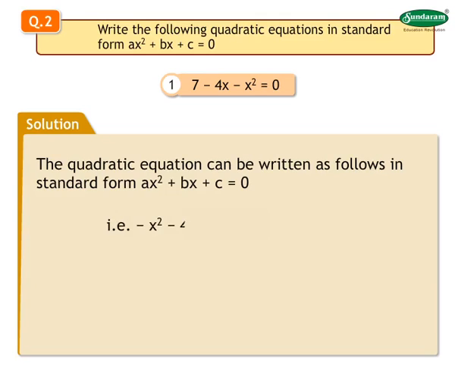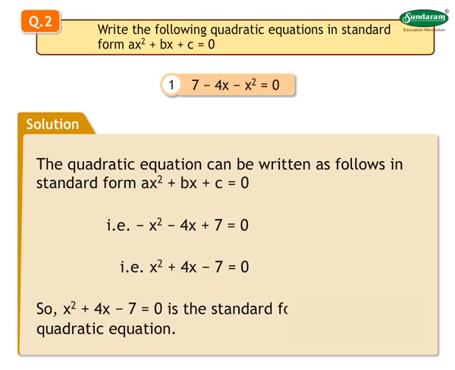That is, minus x square minus 4x plus 7 is equal to 0. That is, x square plus 4x minus 7 is equal to 0. So, x square plus 4x minus 7 is equal to 0 is the standard form of the given quadratic equation.